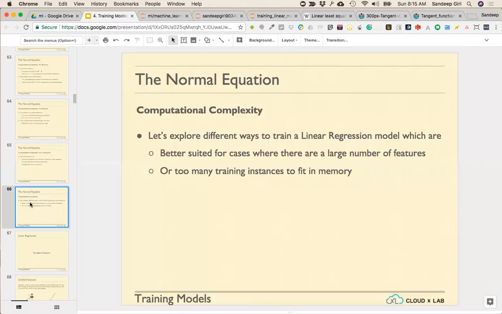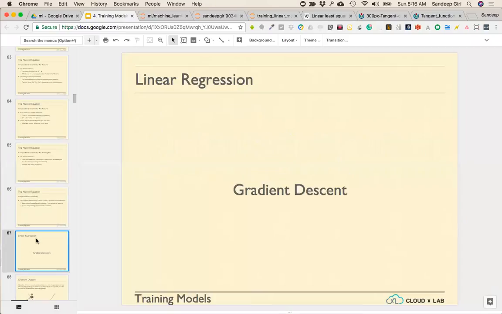If there are a small number of features and the equation is linear, the normal equation is the best. But if features are hundreds, we won't be able to use the normal equation because it would take a lot of time.